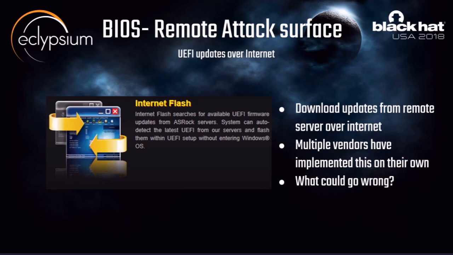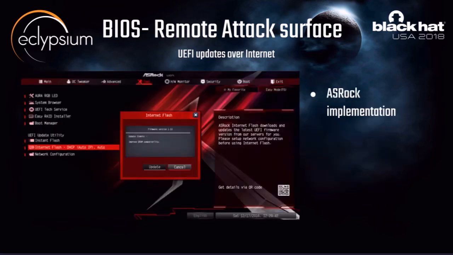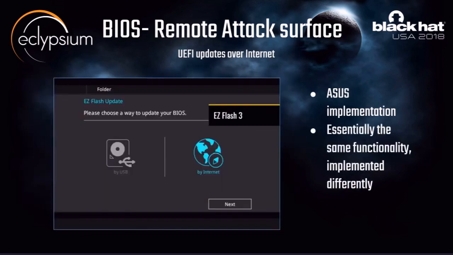And there isn't a standard way to do this in UEFI. So the different vendors have just all made their own implementation, and everybody's done it differently. So there might be some problems with that. Here's an example of what ASRock's implementation looks like. It basically goes out, connects to the internet, and shows you if there's an update, allows you to update if a new update is available.